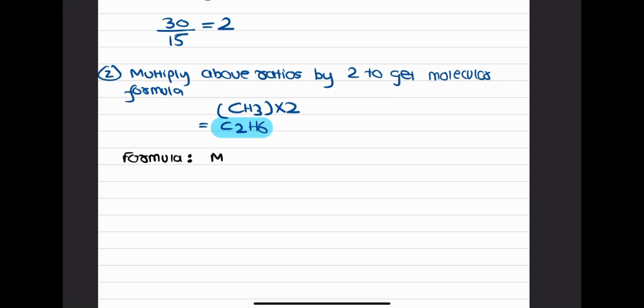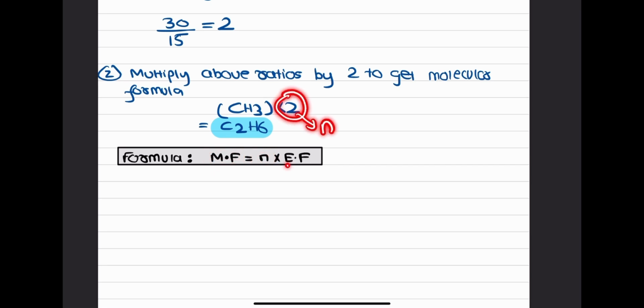It's going to be molecular formula is equal to N into empirical formula. How do we use it? Molecular formula comes out to be N, which is 2, times empirical formula, which is CH3. So we will multiply 2 with CH3 to get C2H6.